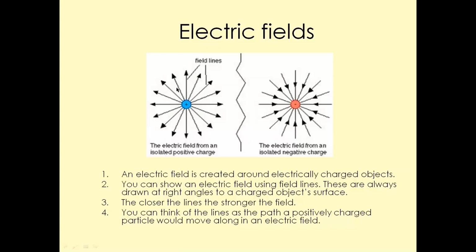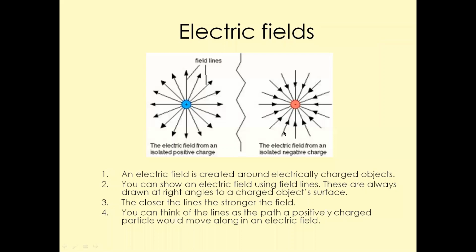So the direction of the electric field lines is the direction in which a positive charge will move when placed near a charged object. If the object is positively charged, the positive charge will move away, they'll repel, or if the positive charge is placed here, that's going to attract. So that's very important from an exam point of view.